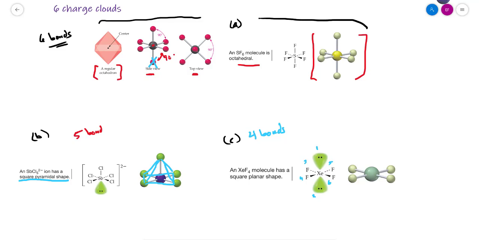Now the lowest energy conformation for this object is going to have 1 lone pair pointing up, 1 lone pair pointing down, and then all 4 of the peripheral atoms remaining in one plane with 90-degree bond angles through each. That's going to be the furthest away these charge clouds can get from each other, and so we get this perfectly square flat molecule, which is really fascinating, and we call this a square planar shape.